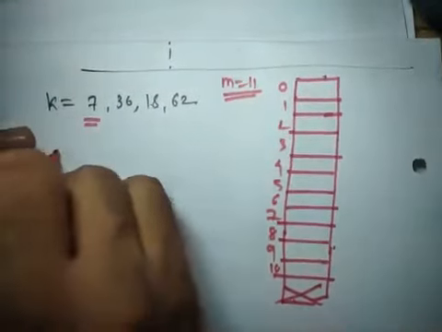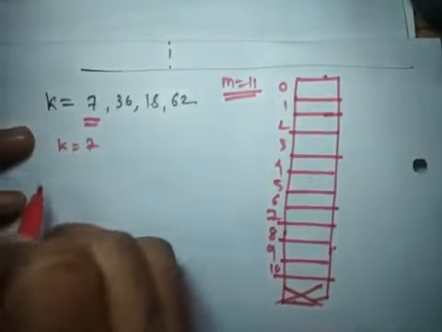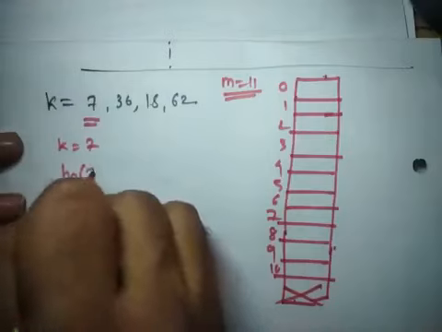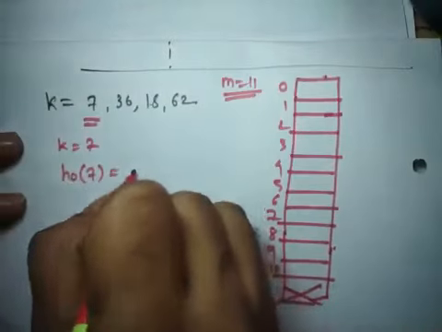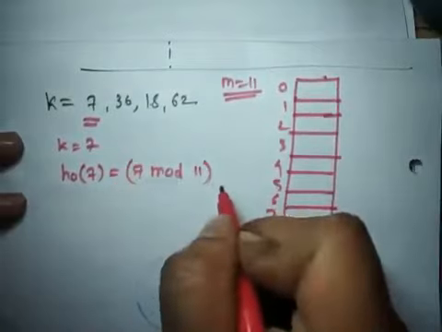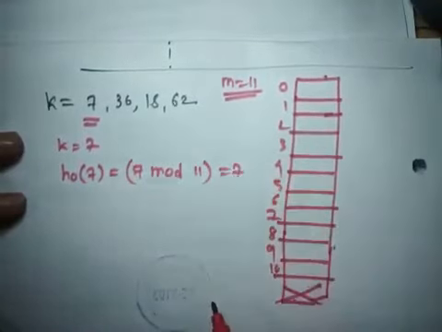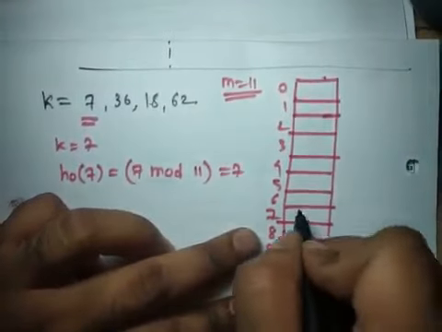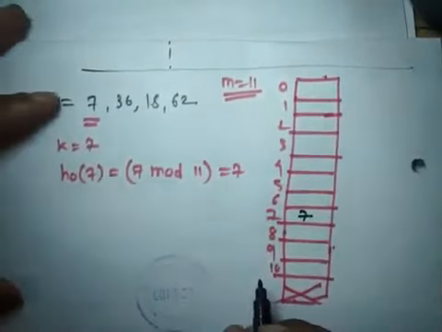So here key is equal to 7. h of 0 for key value 7 is equal to 7 mod 11. So it will produce index location 7, and at index location 7 we are going to store the element 7.